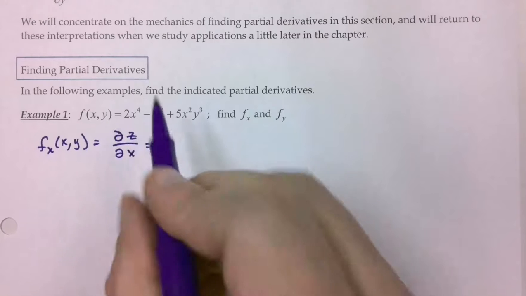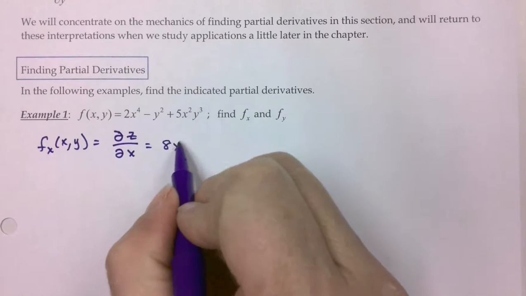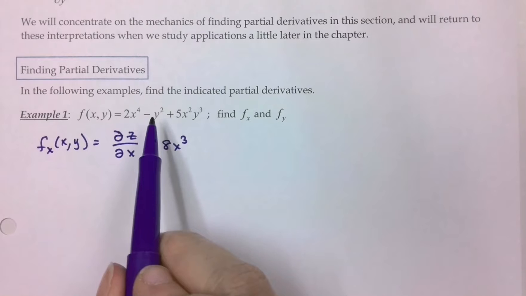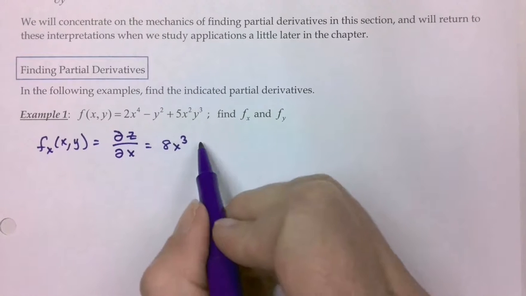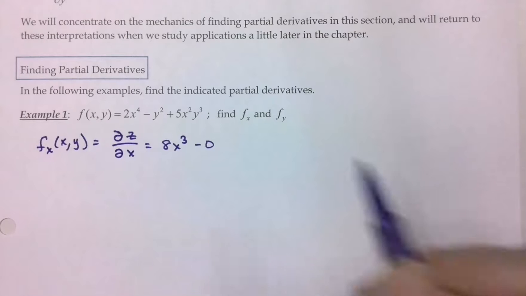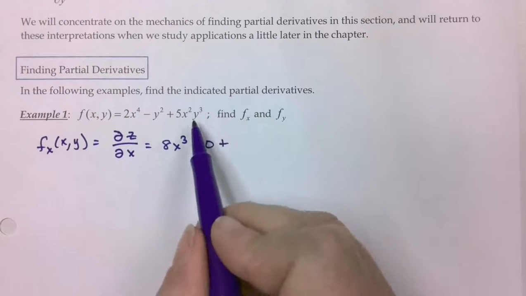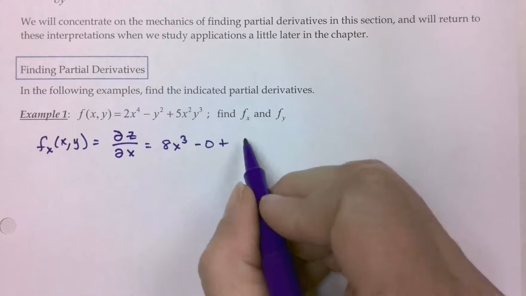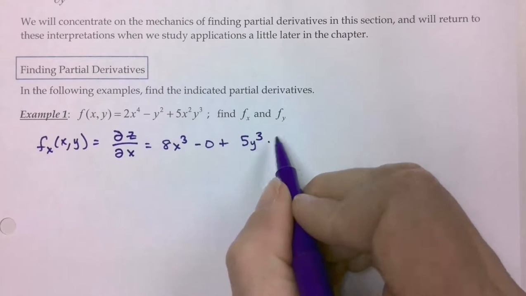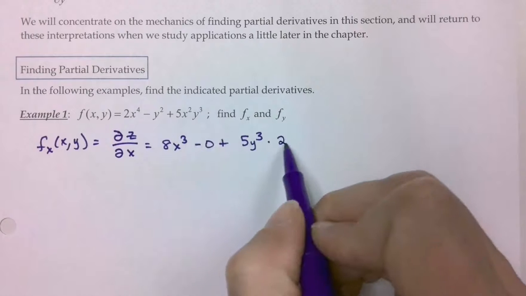So the derivative of 2x to the fourth would be 8x cubed. Y, if it's constant, like 4, then the derivative of that would be 0. Plus, and then again, this is constant. So this is just some number that you're imagining. So it's 5y cubed times 2x.